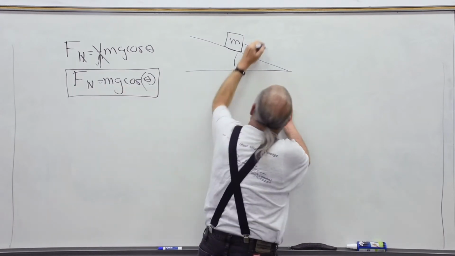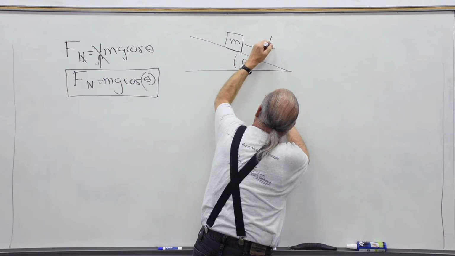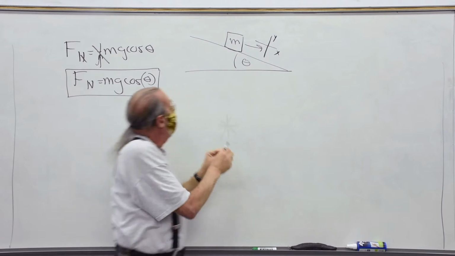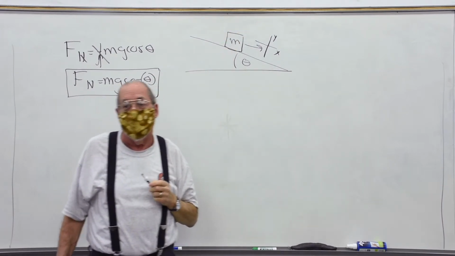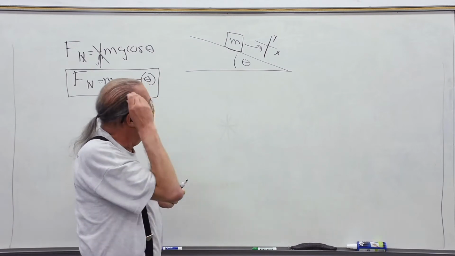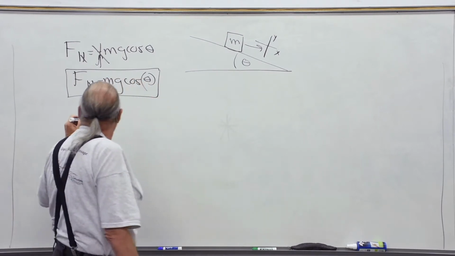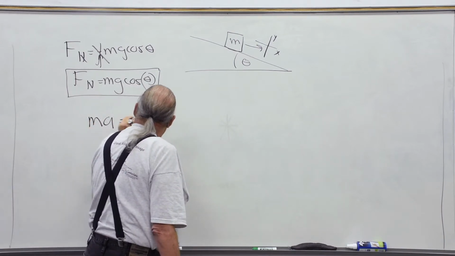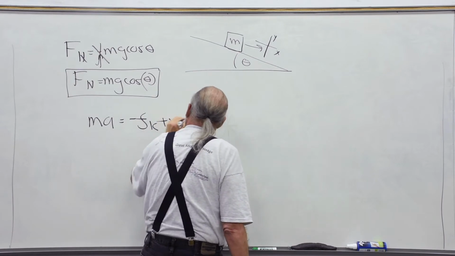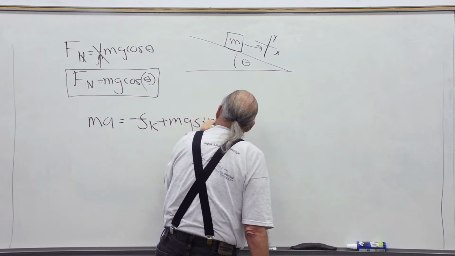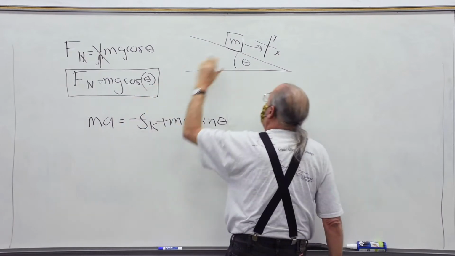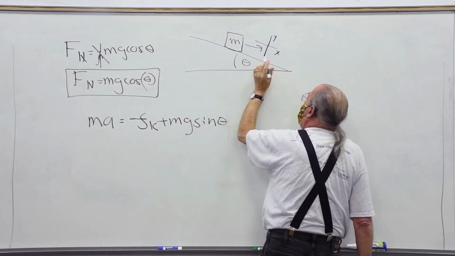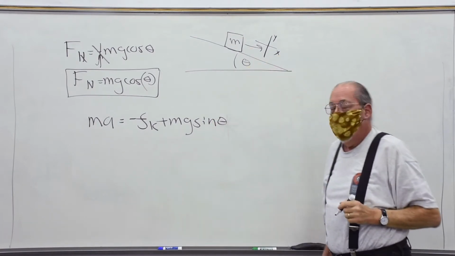So we were using a coordinate system that was tilted like this, with x down the incline and y perpendicular to the incline. And I believe, off the top of my head, that the other equation we had was that ma was equal to minus fk plus mg sine theta. This came from considering the y situation. This came from considering the x situation.